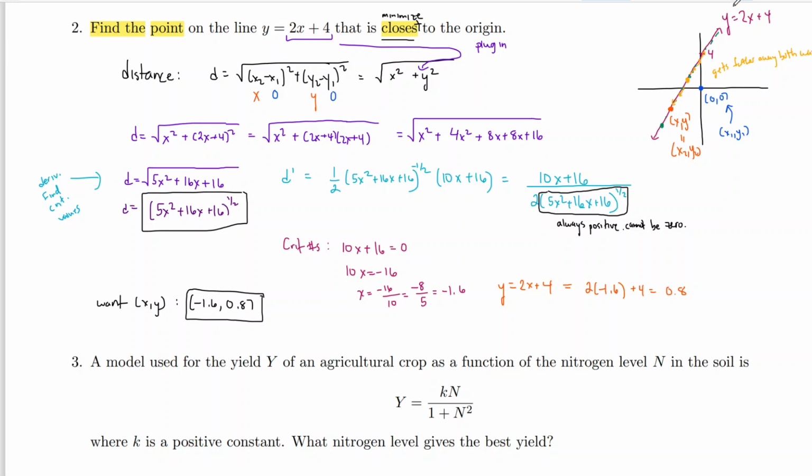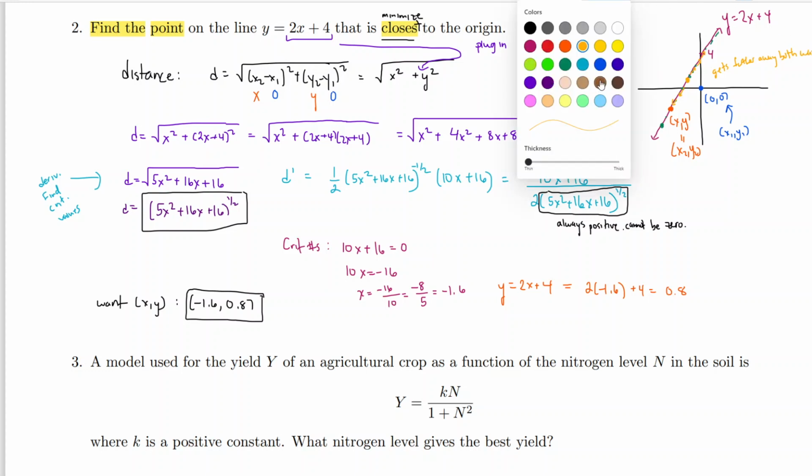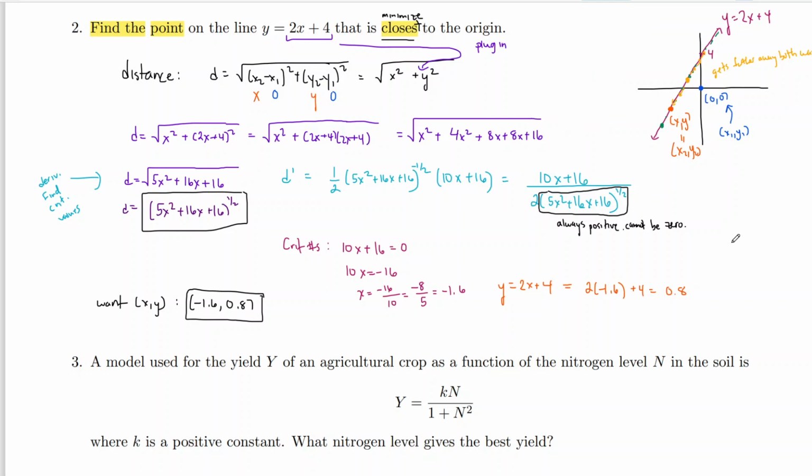Now, the way you can check this, if you have more than one, and I'll go ahead and write this on the side, there's kind of two ways to do it. One is to make a sign chart, which is always nice to do, but the sign chart might give you that you have multiple minimums, and then you still have to choose which one's smaller.